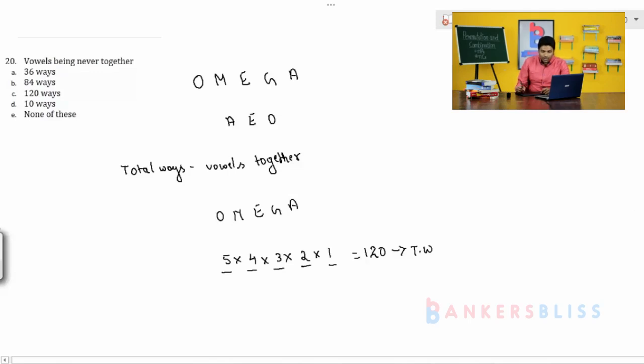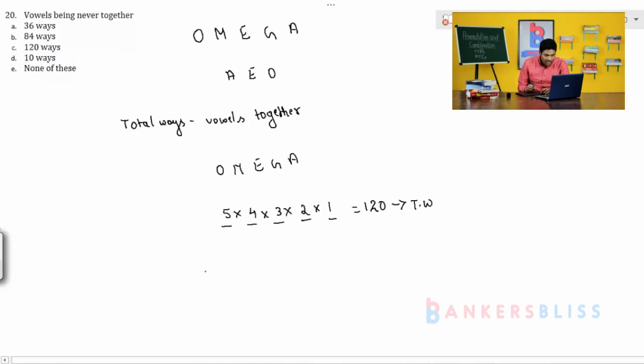Now vowels together. Vowels together means, see here again, 1, 2, 3, 4, 5. Vowels means A, E, O. So 3 positions. The first 3 positions it can fill, the second 3 positions it can fill, and the third 3 positions it can fill.